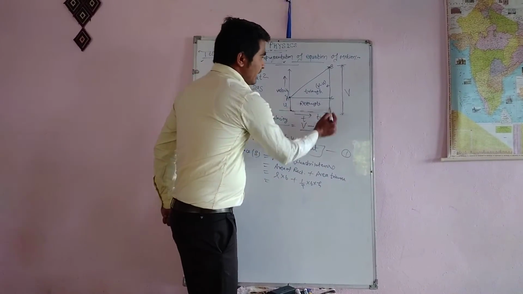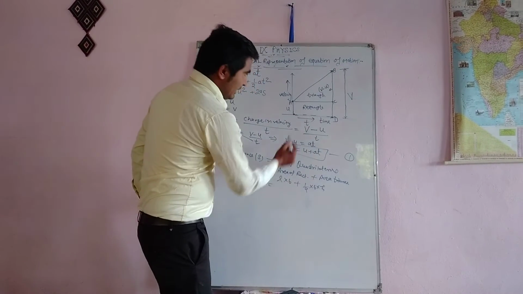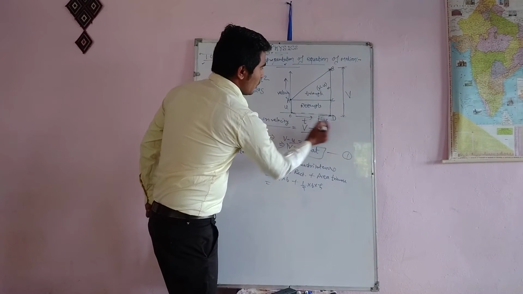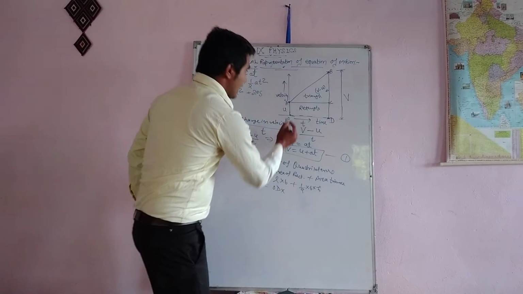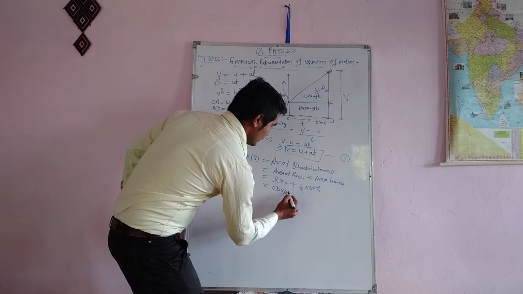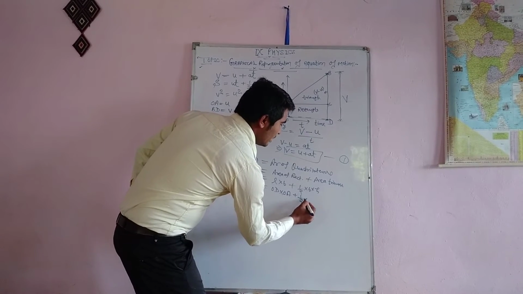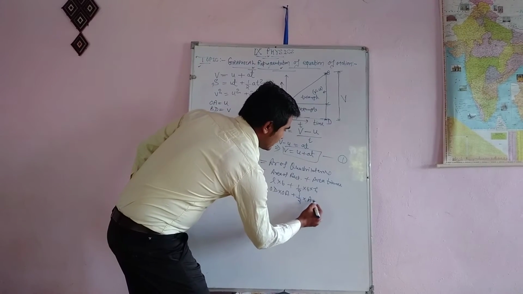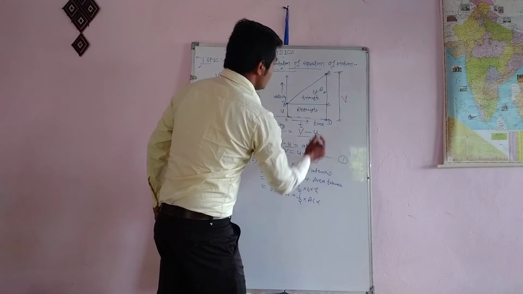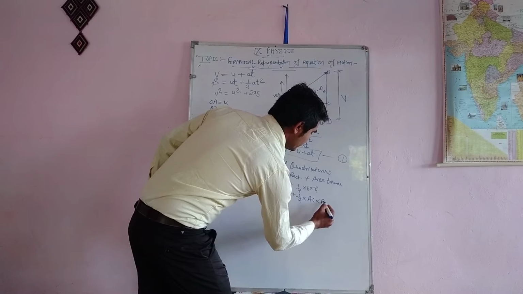For the rectangle, length is OD and breadth is OA. For the triangle, base is AC and height is BC.